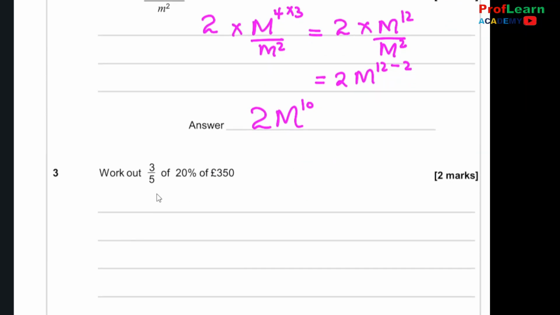Next question: 3 over 5 of 20%. So this is 3 over 5 times 20%. This simplifies because 5 goes into 5 once, and into 20 four times, so our answer becomes 12%.